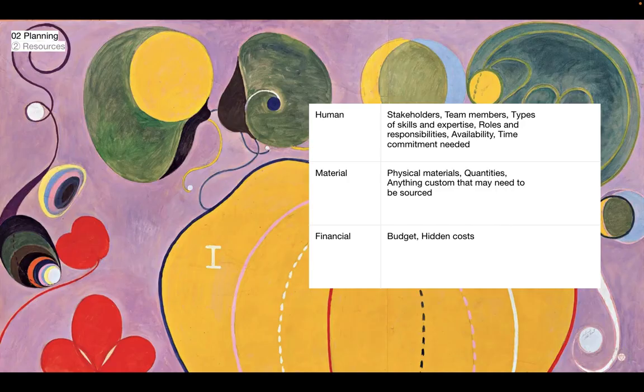So all of these people, if they are actively involved in the project, then yes, they are part of the team members that you can then start to define what role they play within your specific project. And then you're also looking at availability.